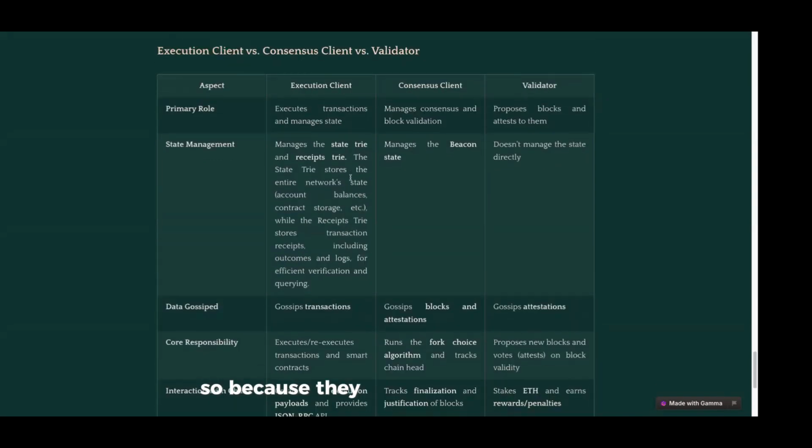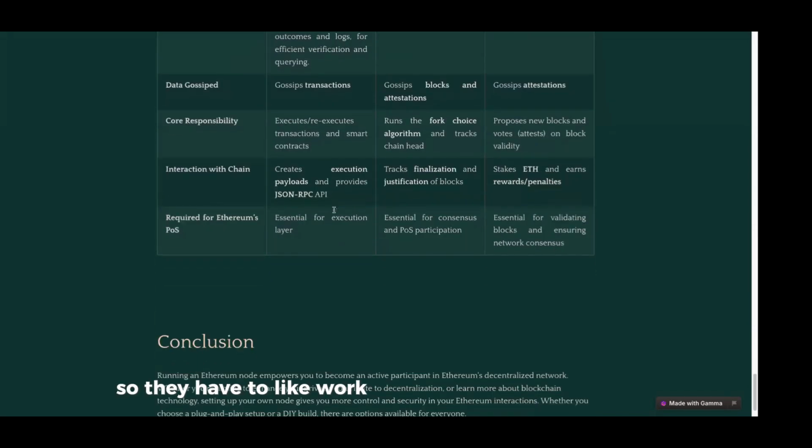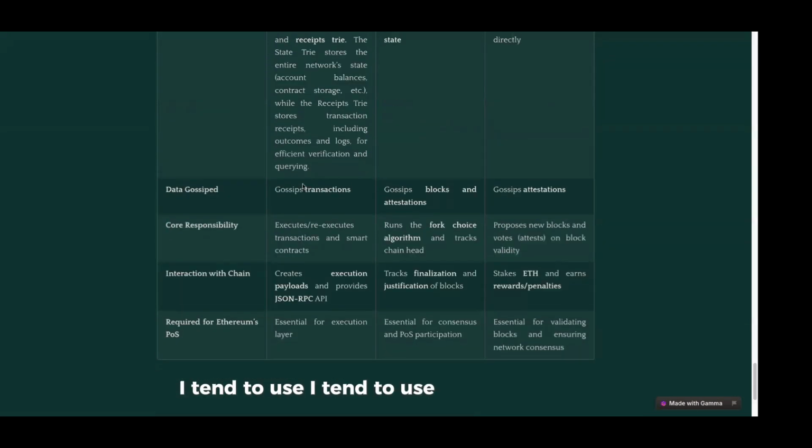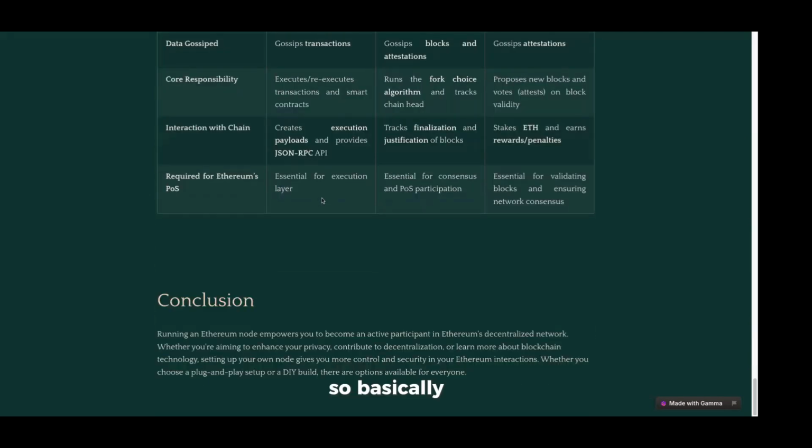They have specific features and implementations, so they have to work together according to the protocol. Sometimes when I say protocol, I also mean rule. I tend to use both interchangeably. So that's it for today.